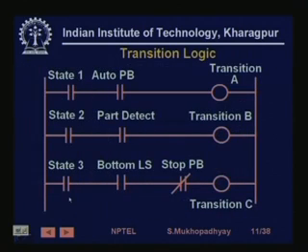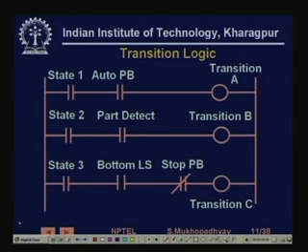So let us first see the transition logic. For example, what does it say? When will transition A logic be satisfied? The transition A logic, if you recall, brings the system from state 1 to state 2.